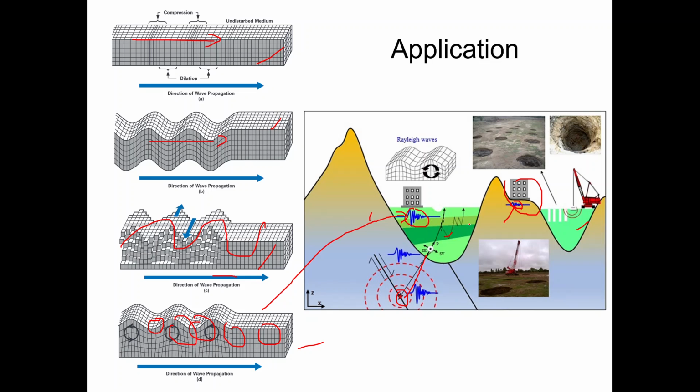To reduce the amplification of the wave, you have to increase the strength or stiffness of the material. An example here is dynamic compaction, or you can use stone columns, or any ground improvement technique to strengthen the soil.